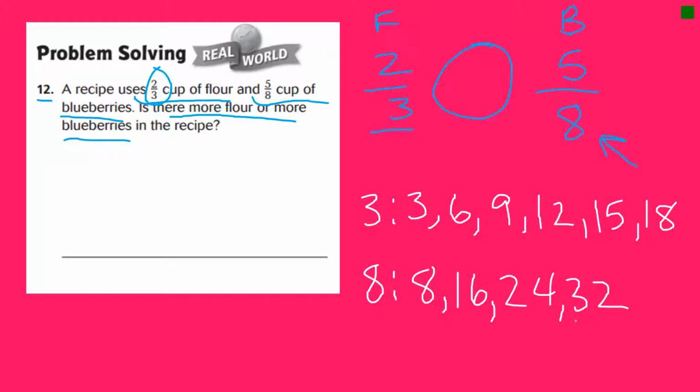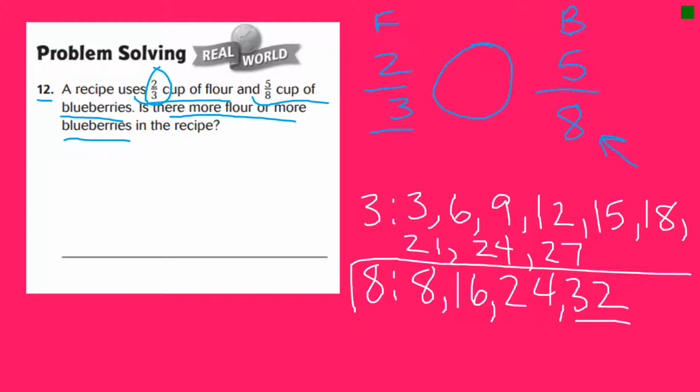Well, we got all the way up to 32 on our 8s. So I'm just going to separate. I'm going to continue our 3s, right? So 18, 19, 20, 21. What's next? 1, 2, 3, 24, right? Okay. One more, 27.